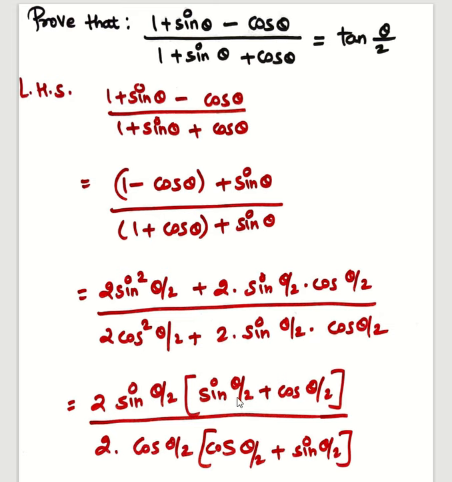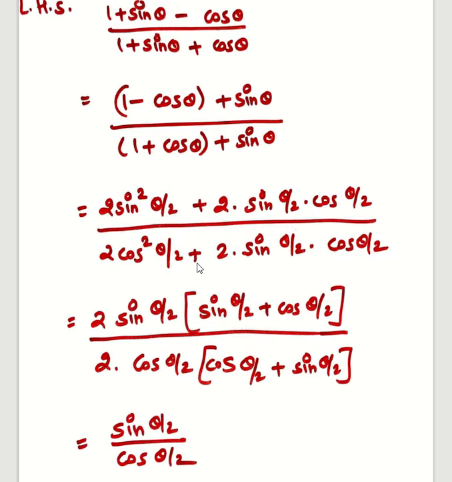Inside the bracket it will be sin θ/2 + cos θ/2. That is the numerator. Similarly in the denominator also 2 is common, and cos θ/2 is 2 times in the first term and 1 time in the second term. So we'll take 2 into cos θ/2 common. Inside the bracket it will be cos θ/2 + sin θ/2.